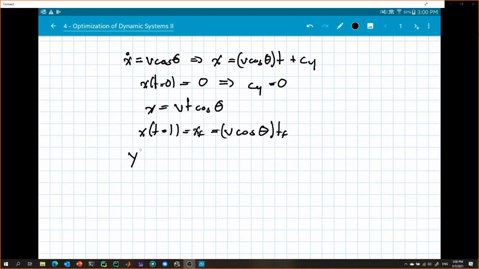We did the same thing for y, though. y dot is equal to V sine of theta plus w.